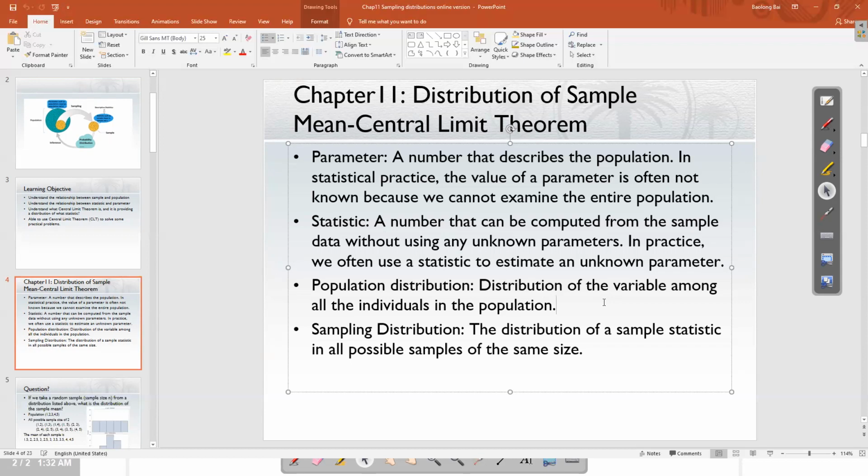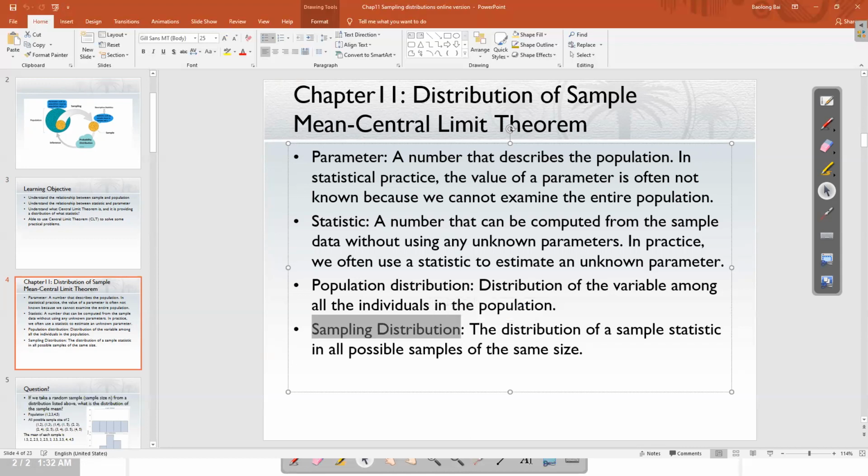If you have a population, then how likely are all the individuals distributed across all the sample space, right? So that's the general sense of distribution. What's the sampling distribution? Sampling distribution is a distribution from the sampling process. So it's talking about a distribution of a sample statistic in all possible samples of the same sample size if you were to do a random sample.